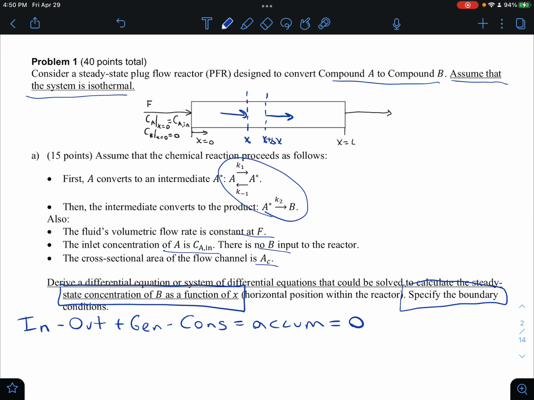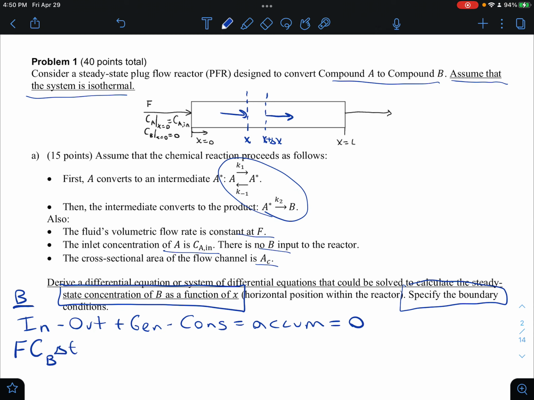When we say input, we're referring to what goes into the control volume and what goes out of the control volume. So the amount of A coming into the control volume is going to be F times CA. I'm sorry, we're not doing a balance on A, are we? I should have written what we're doing a balance on, B. So the amount that comes into the control volume is F CB.